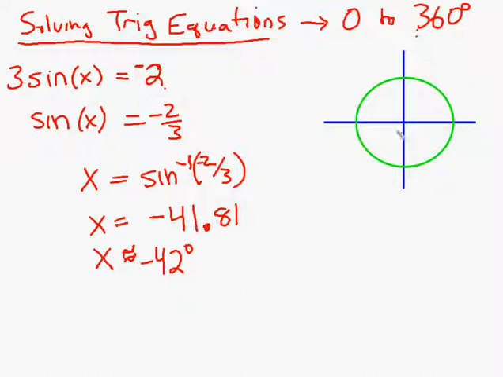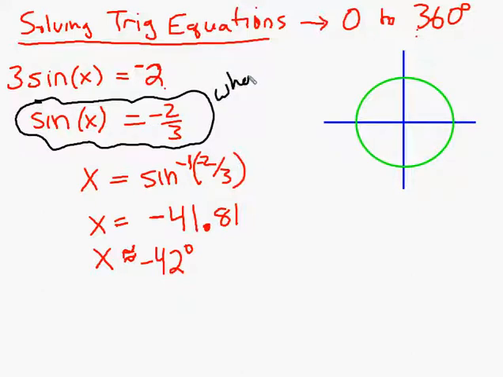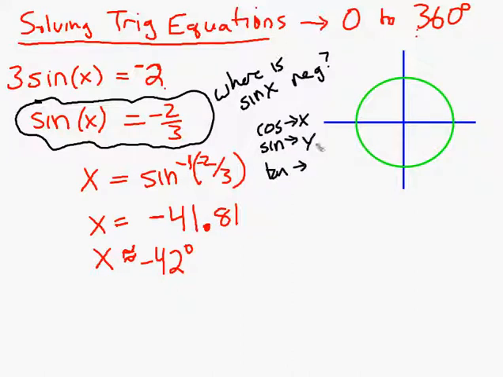Once I get to a step that looks like this, what I'm going to ask is, where is sine negative? From our notes, cosines have to do with x values on our unit circle, sines have to do with y values, and tangent is the ratio y divided by x.